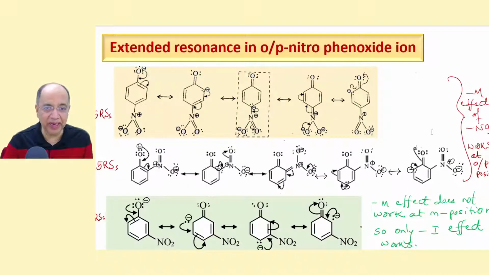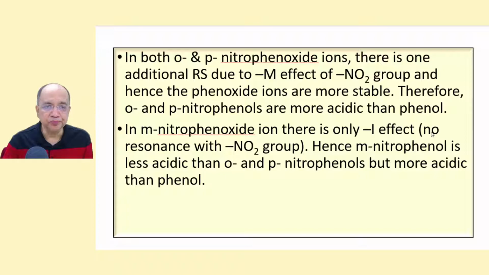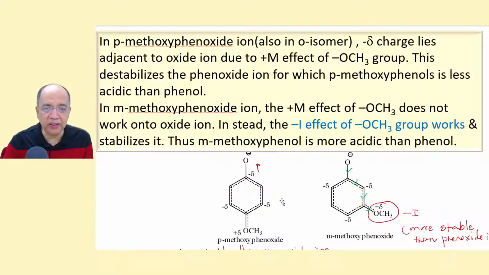Now coming back to, I'm also explaining here that the presence of a plus M group, I have not drawn the resonating structures, a plus M group like methoxy in the ortho as well as para position will create a minus delta charge on the ortho-para position with respect to OCH3, and hence minus delta with respect to the ipso carbon.